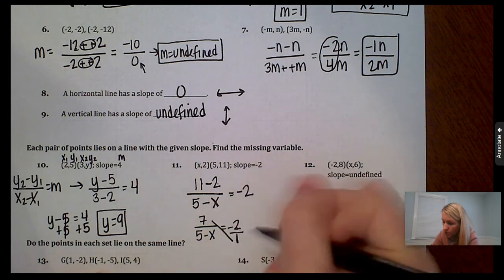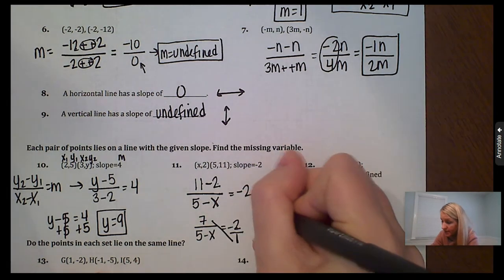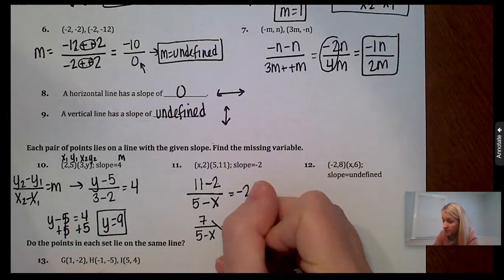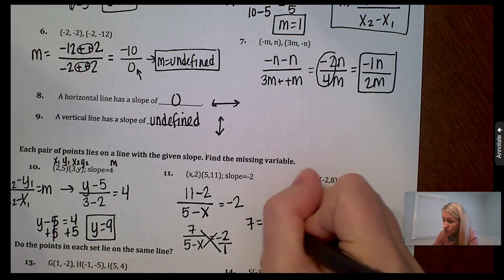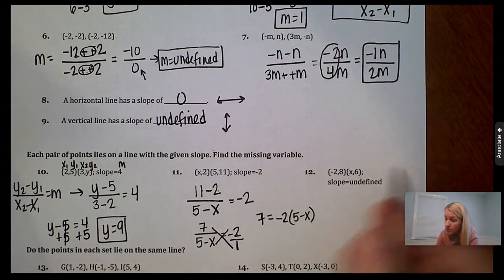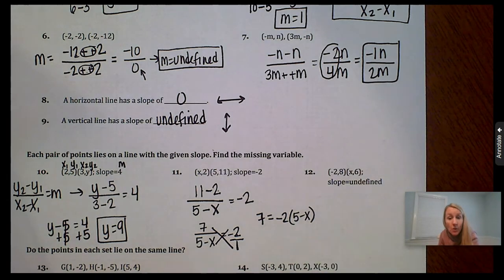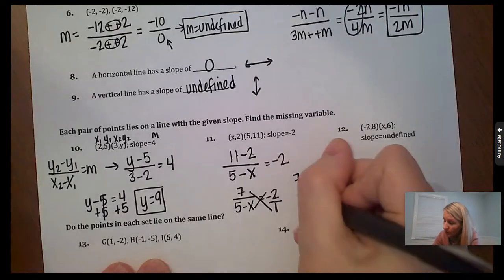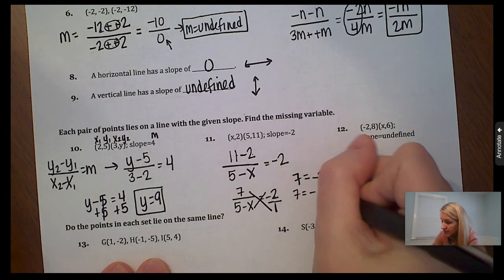Okay, so when I cross multiply this, that gives me 7. And then I'm going to cross this way. It's negative 2 times 5 minus x. Please make sure that the 5 minus x does go in parentheses because we are multiplying by a binomial. We're going to do a little distributing.